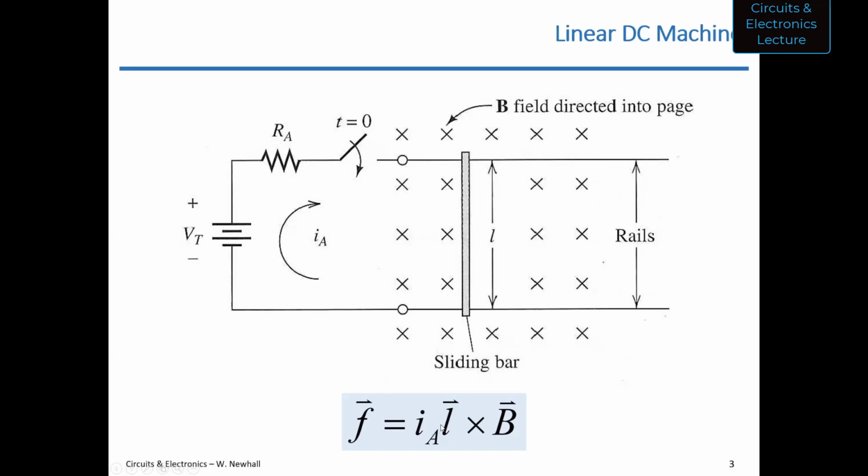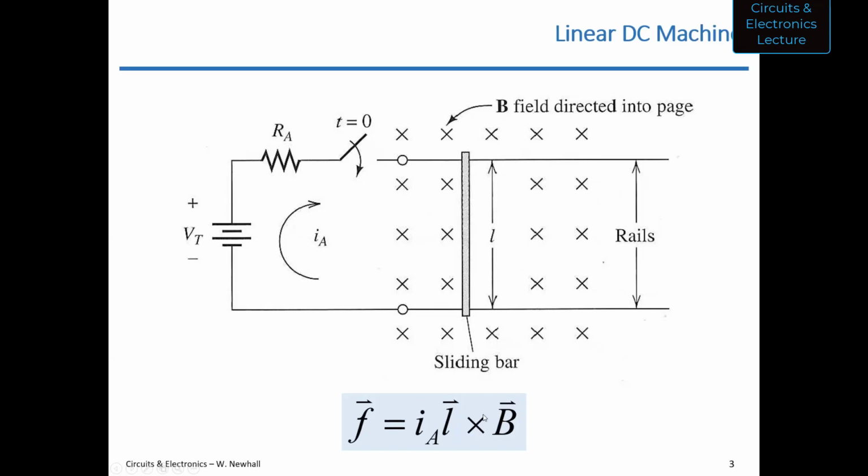I is the magnitude of the current, L is the length of that bar, and it's a vector pointing in the direction of the positive current flow, and cross B, where B is the strength of the magnetic field. And so you use the right hand rule.